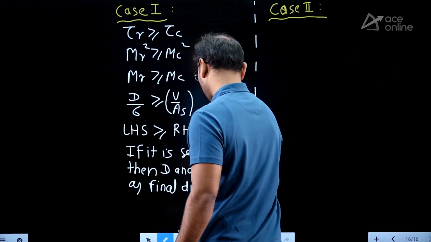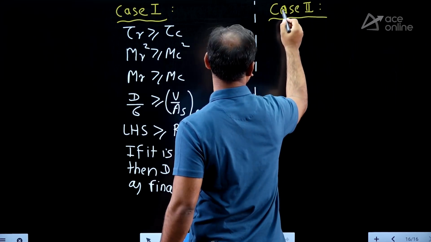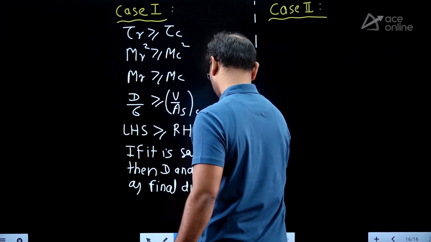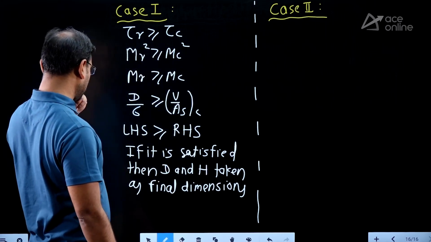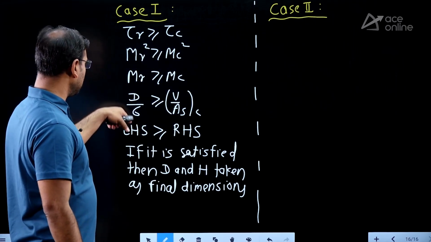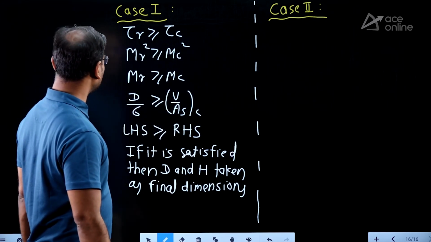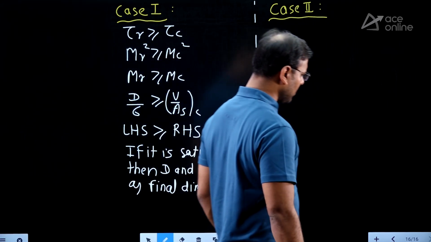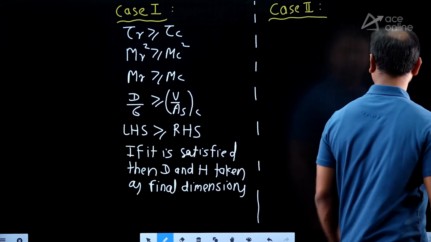Okay, but now the question here: if it is not going to satisfy, then what happens? If LHS is not greater than or equal to RHS, that is, D by 6 is not greater than or equal to volume by surface area of casting, then what happens, guys? Then what is the solution if it is not going to satisfy?